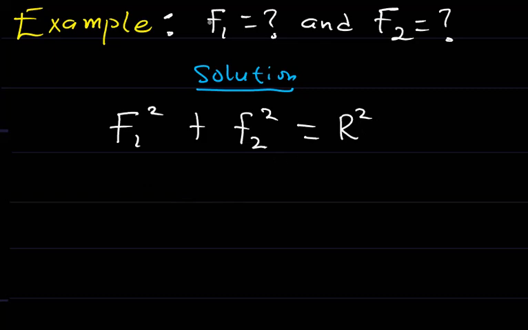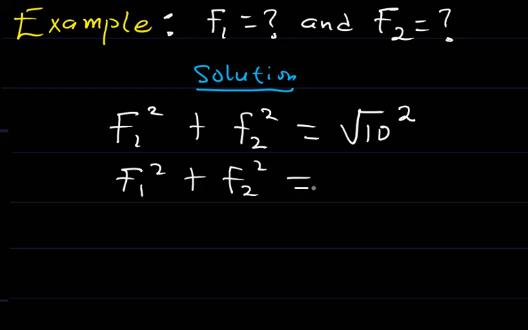We are told that their resultant is the square root of 10, so that's going to be the resultant square, 10. From what we have, F1 square plus F2 square, square cancels square root, is equal to 10.